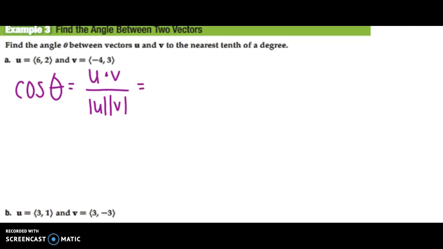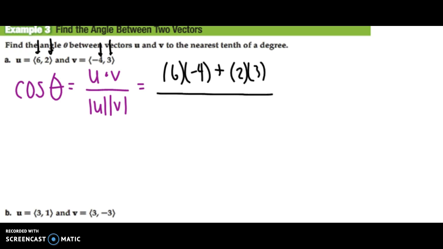Well, the dot product is a1 times a2, so 6 times negative 4, plus b1 times b2, all over their magnitudes. The magnitude of u is the square root of 6 squared plus 2 squared, which is the square root of 36 plus 4, the square root of 40.